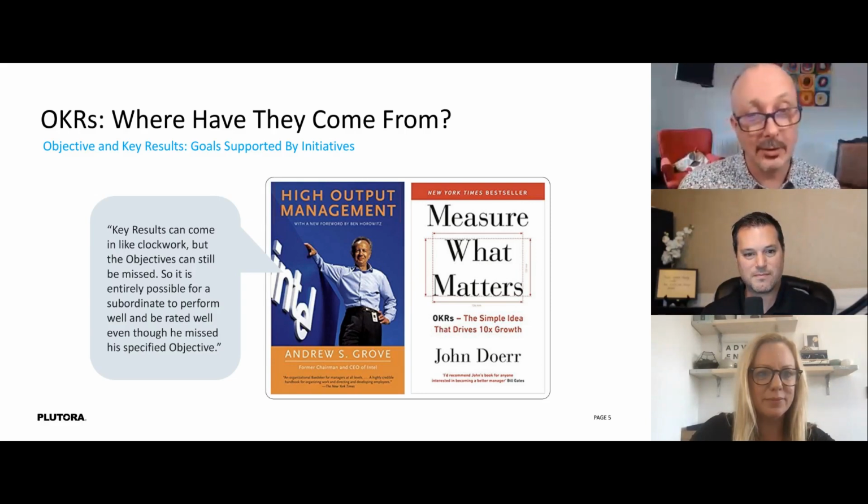But I have read and enjoyed John Doerr's book, Measure What Matters, and why I think that's the first book that people often reference in relation to OKR is because he actually did work with Andy Grove at Intel, and what he then did was to take OKR into Google, and that's been a tool that Google themselves have used, and some of the ventures that Google have then funded or otherwise worked with John Doerr directly or other people that worked with him have then used those same ideas.